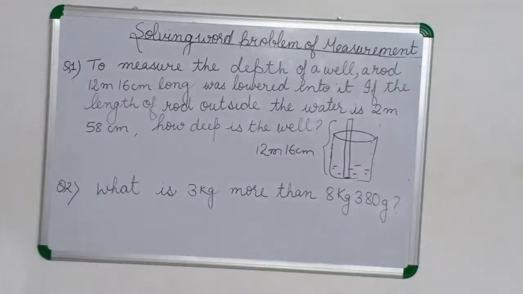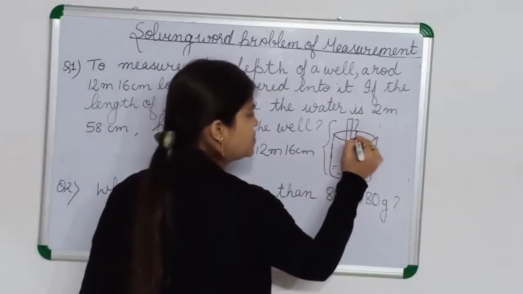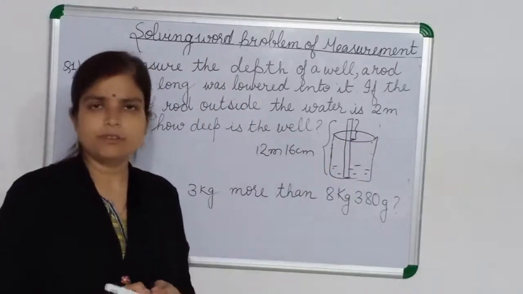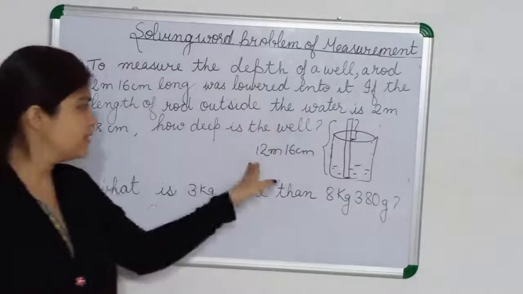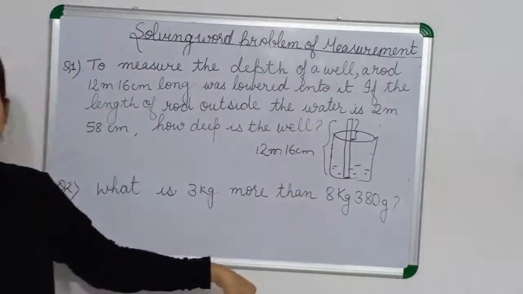Now the length of the rod outside the water, means this much length. We can't measure the length of the inside now. We know the length of the rod, and this much length of the rod we have dipped inside.